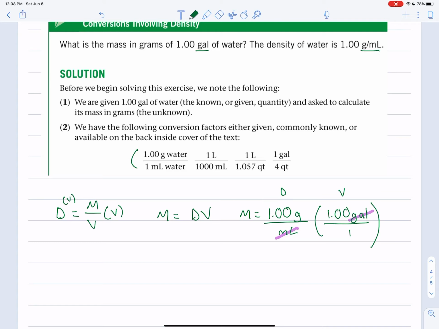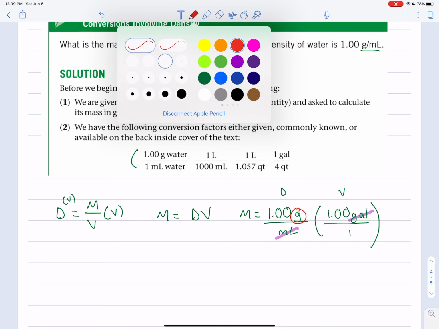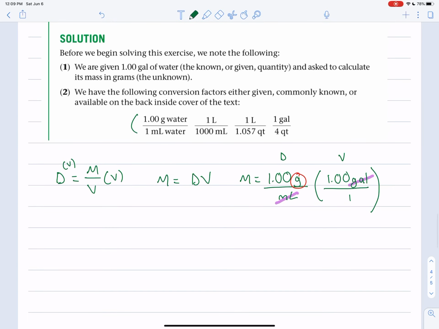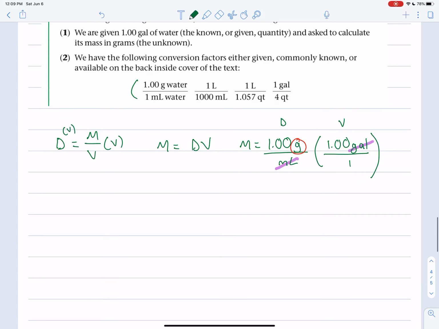Because our final units, mass is in grams, and it even says in the problem, what is the mass in grams? That's our only remaining unit in this dimensional analysis problem, right? So we know this is set up correctly out of the gate, which is good to know. So let's convert gallons to milliliters, and then we can rewrite this and find our answer.